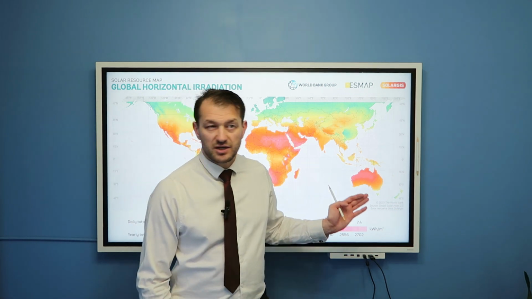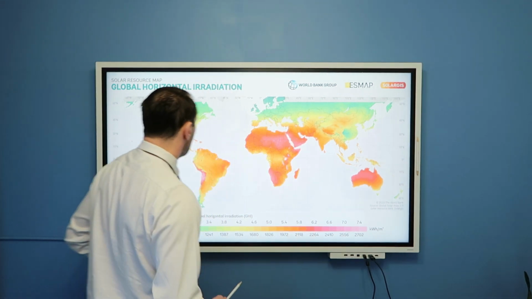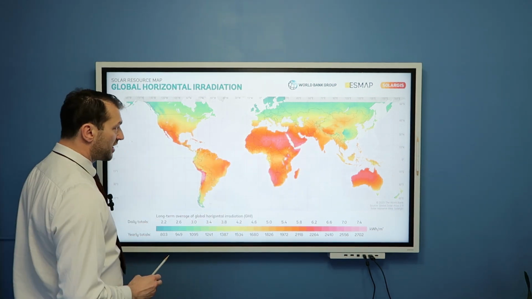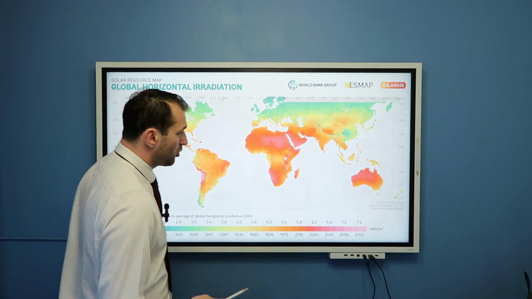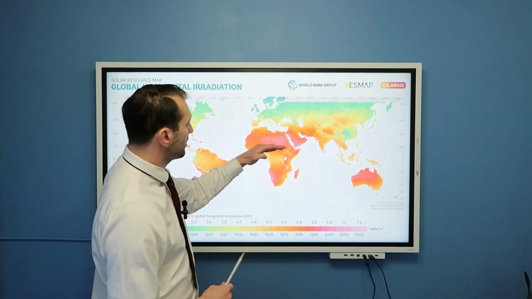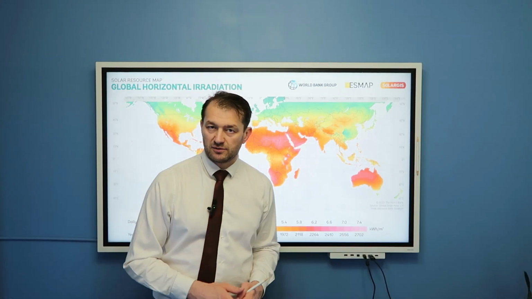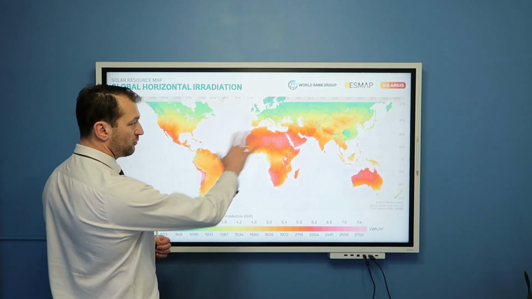Kilowatt hour is a unit of energy that is often used in the energy sector, such as renewable energy, and these types of maps are used to support decision making when it comes to installation of solar panels. So you can see that tropical regions have much higher global horizontal irradiance than higher latitudes. So that is not difficult to conclude based on the discussion that I just presented conceptually. But here you can see actual values, but keep in mind, these are kilowatt hours. So if you want that in watts or some other unit, watt hours or so on, you have to convert it.